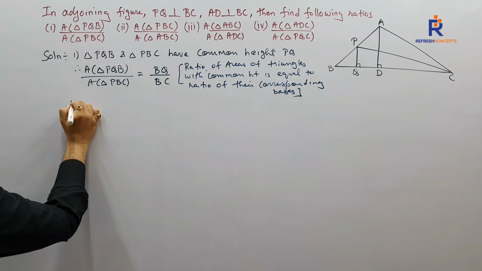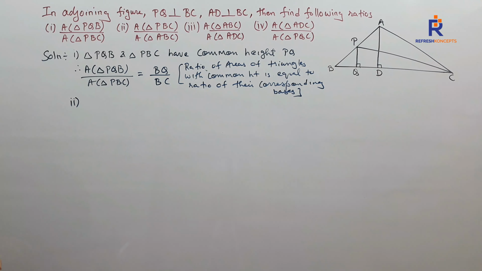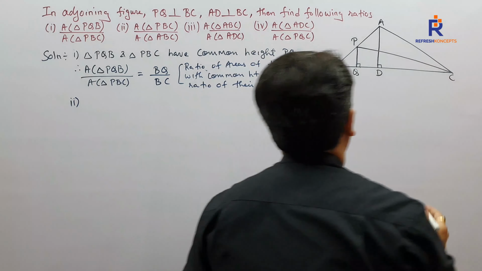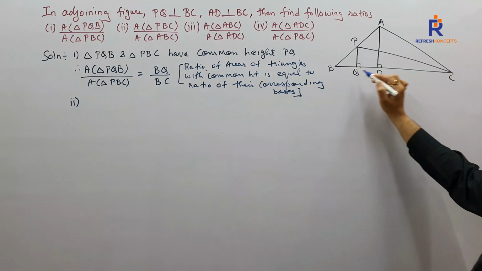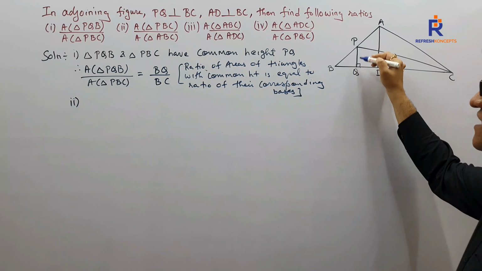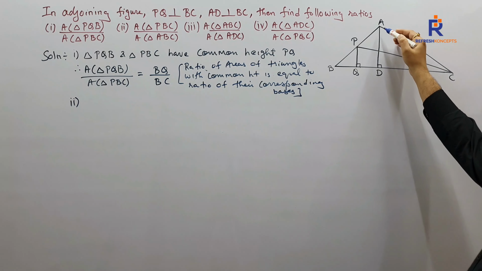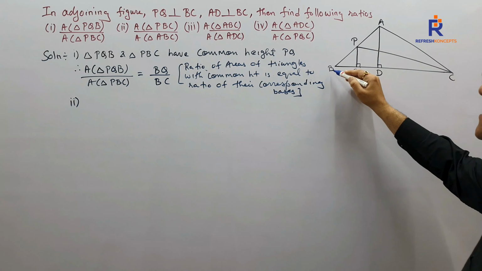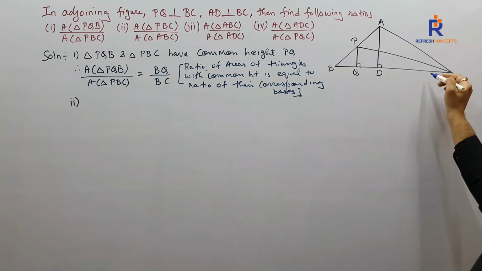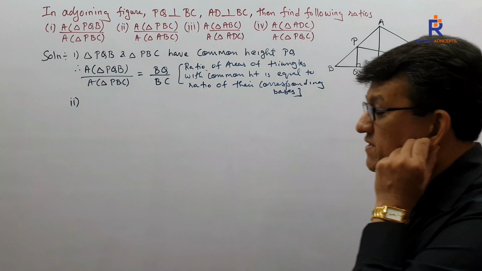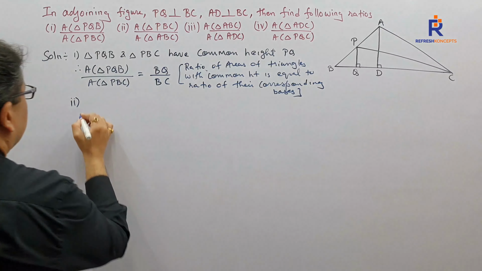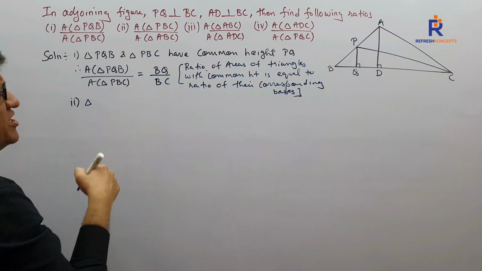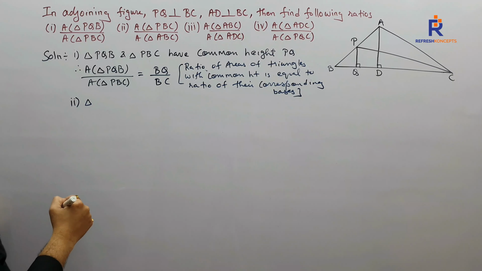Start off with the second one. PBC, ABC. PBC, base is BC, height is PQ. ABC, base is BC, height is AD. So what we have? We have base common. Same lines, children, no change whatsoever.